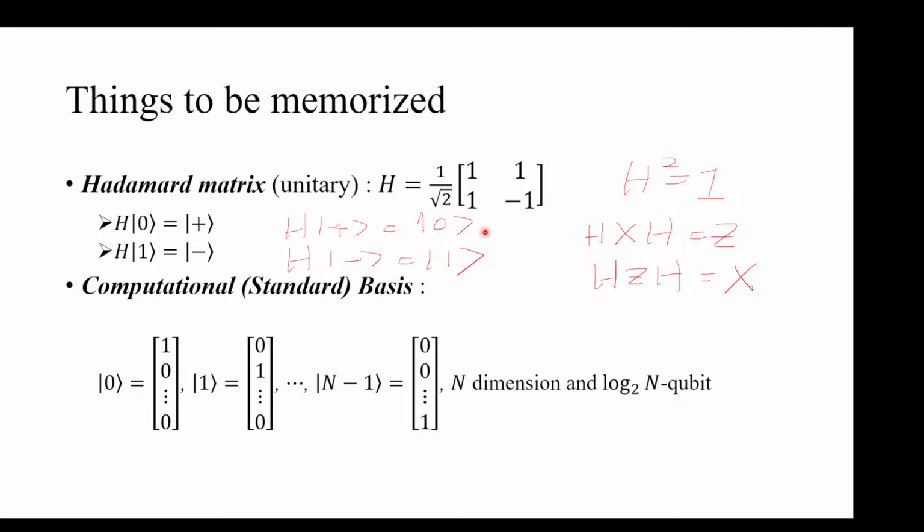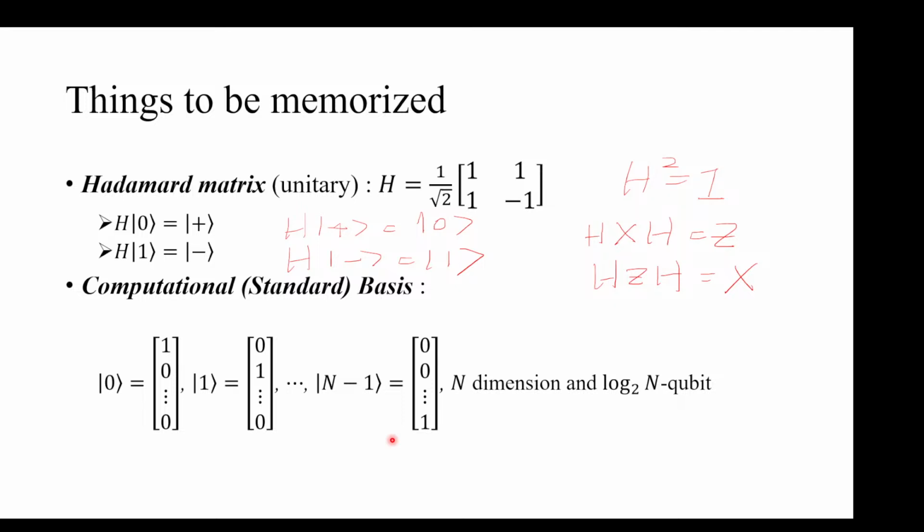Then we also have the computational basis states. This is the most standard basis we have. Written in vector form, you have a 1 somewhere and 0s elsewhere, like [1, 0, 0, ..., 0], or [0, 1, 0, ..., 0], or [0, 0, ..., 0, 1].